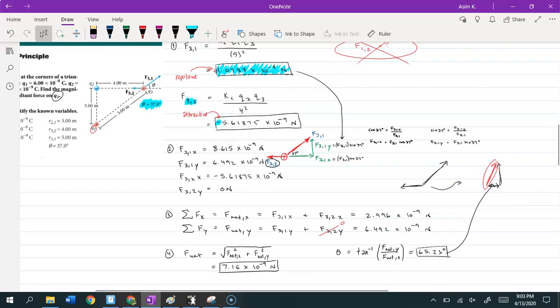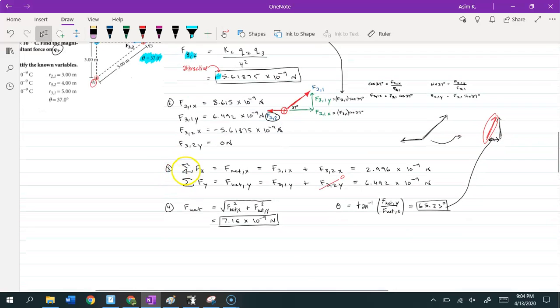And then the next thing is you break them down into their components. That was step number 2, and I would say this was always the trickiest part for your class. After this, find out the net in the x's and the net in the y's. And finally, use the Pythagorean theorem to find the net force on that particular charge, and then find the angle that it would actually be headed in.